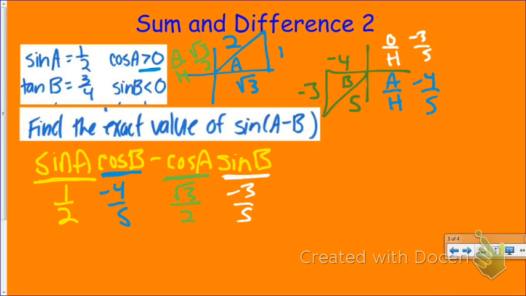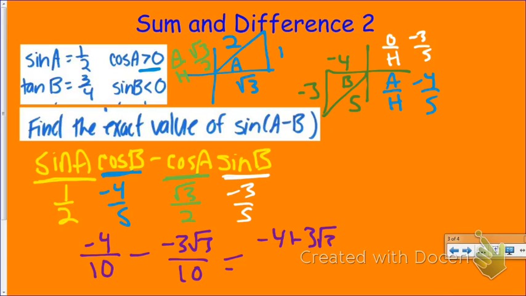So I am multiplying and then I am subtracting. So I'm going to do -4 times 1 over 10 minus -3√3/10. And then I can combine these together into -4 plus 3√3 over 10.